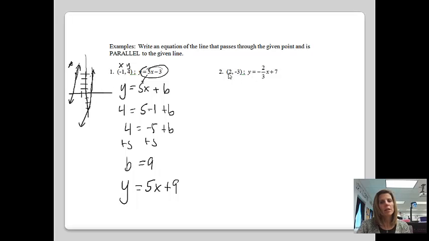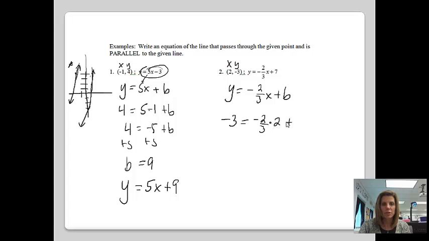In this next example, the equation goes through the point 2, negative 3, and it's parallel to y equals negative 2/3 x plus 7. If it's going to be parallel, I know it also has to say y equals negative 2/3 x, but I don't know what goes next to it. So again, I'm going to put plus b. I'll label my x and my y and plug them in. My y is negative 3, and I have negative 2/3 times my x value, which is 2, plus b.